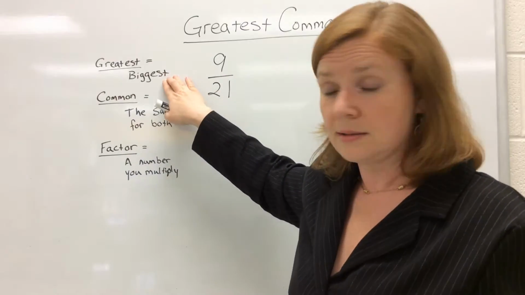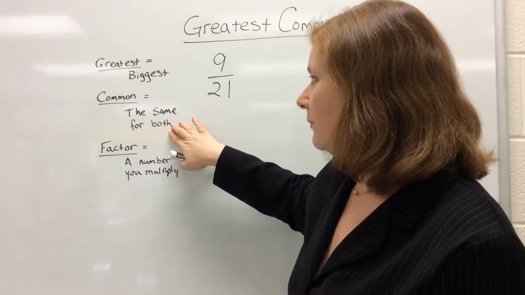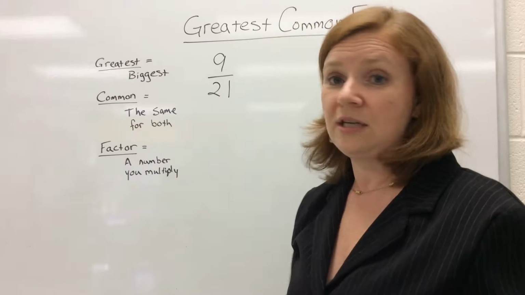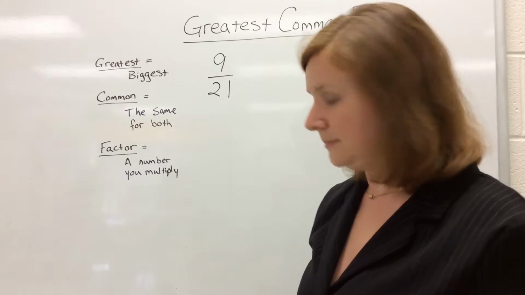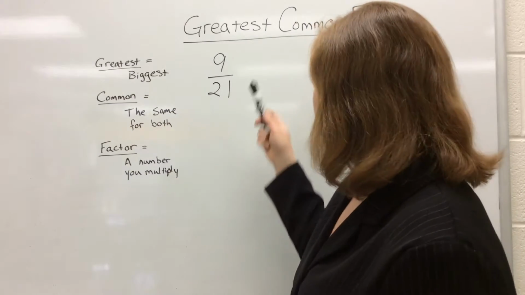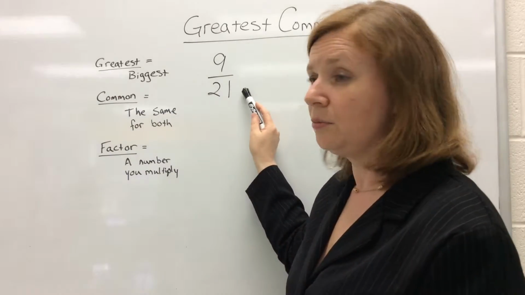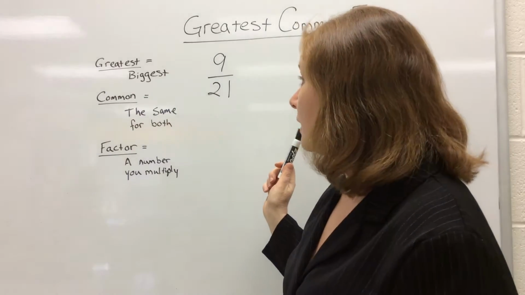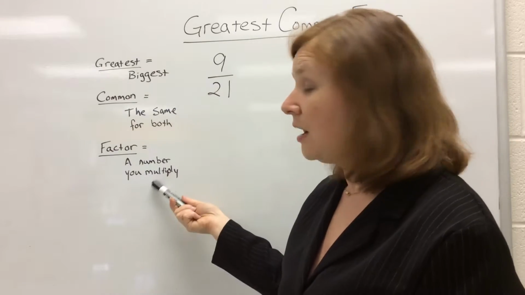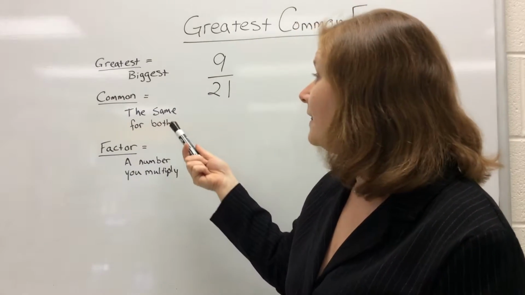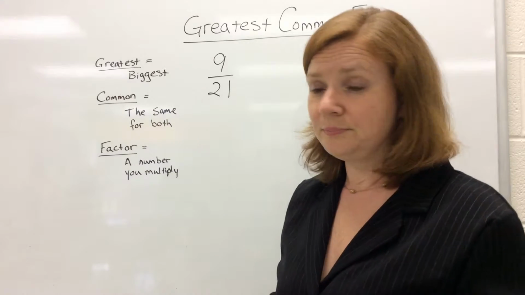Greatest means the biggest, common means it's the same for both, and factor means it's a number you multiply to get it. So when I find the greatest common factor of 9, my numerator, and 21, my denominator, I am looking for the biggest number that I multiply that is the same for both.